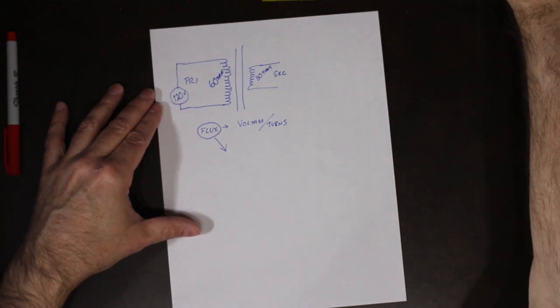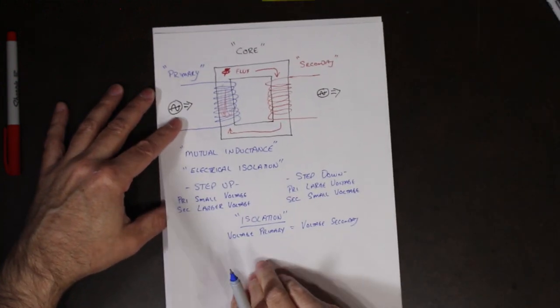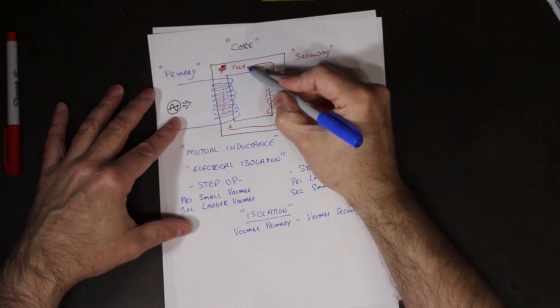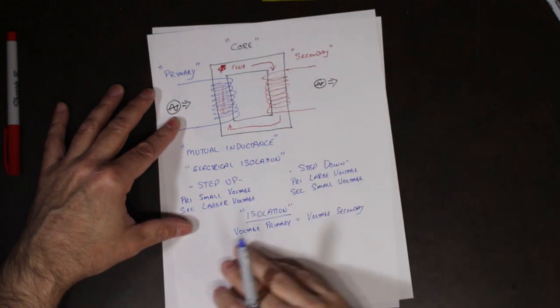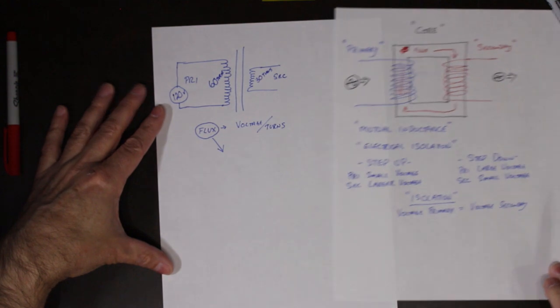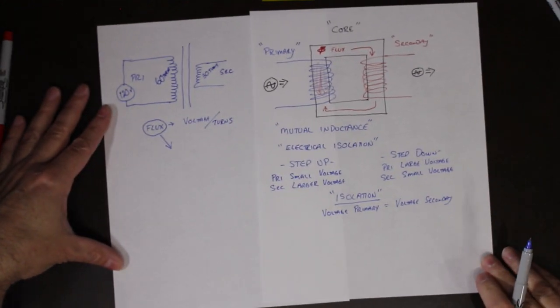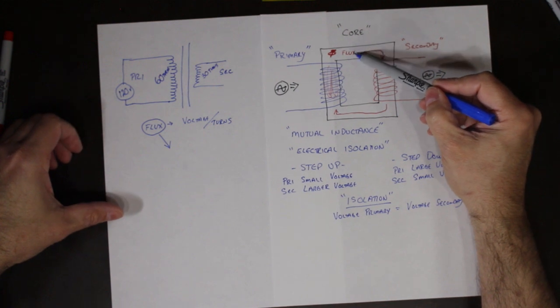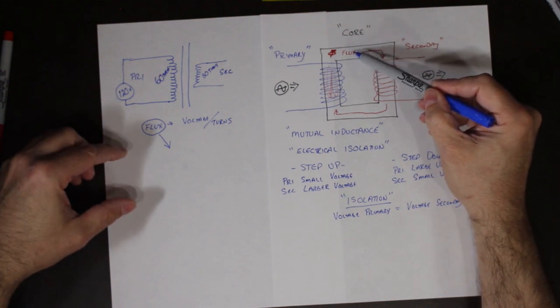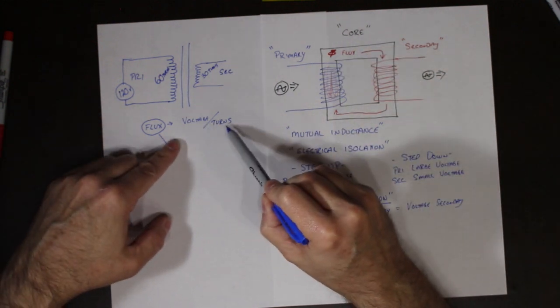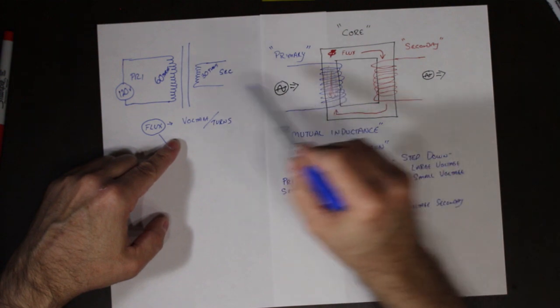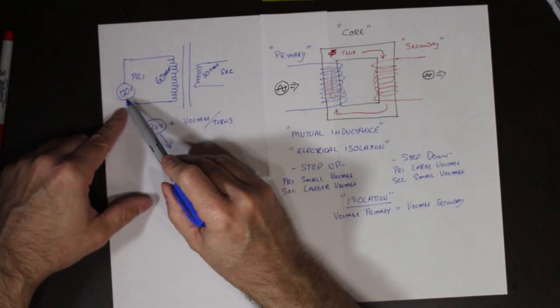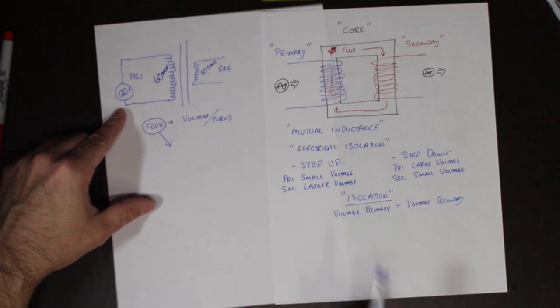So, if I go back to the other picture, this flux was created based upon the voltage and turns that created it. The voltage was 120 volts, the turns were 60.